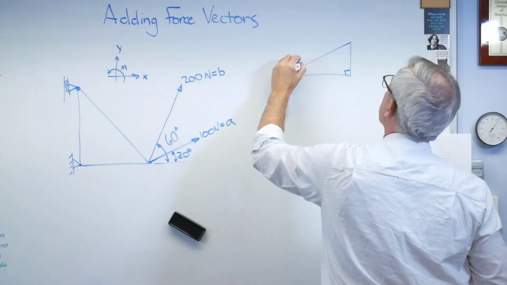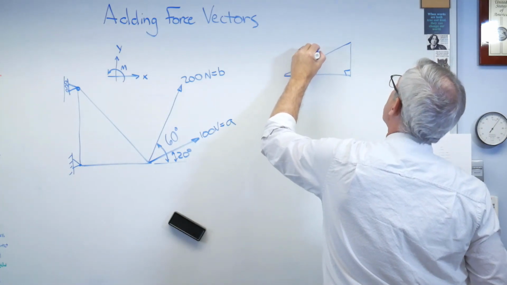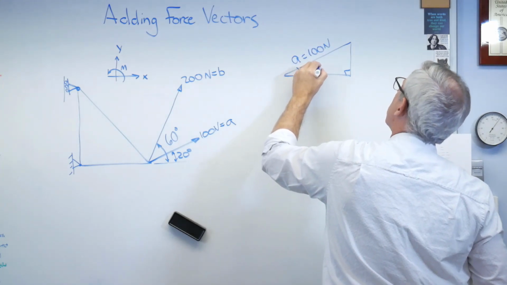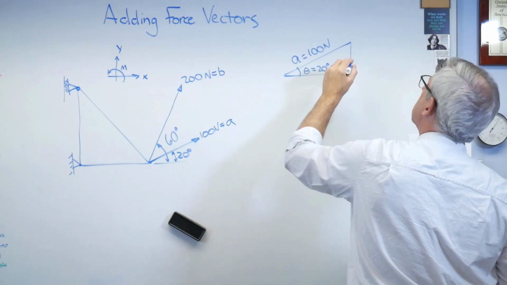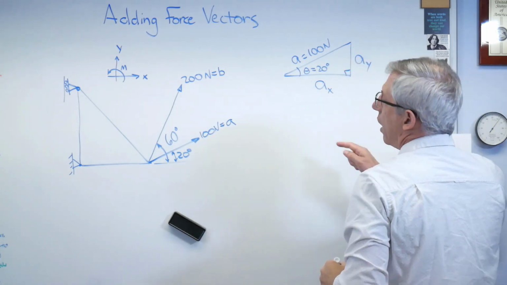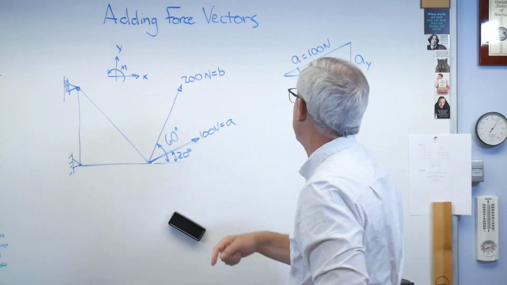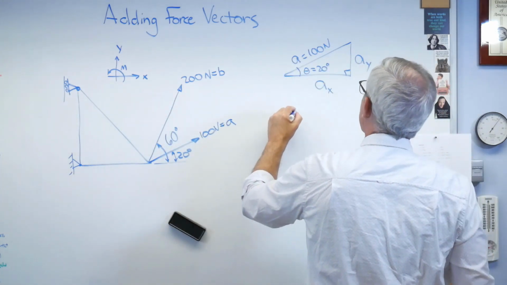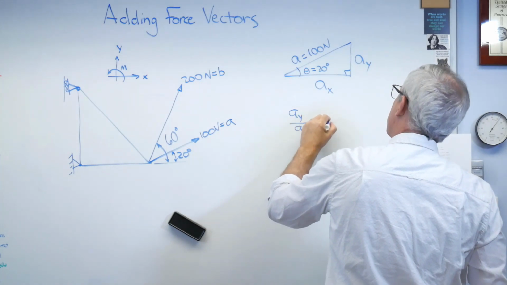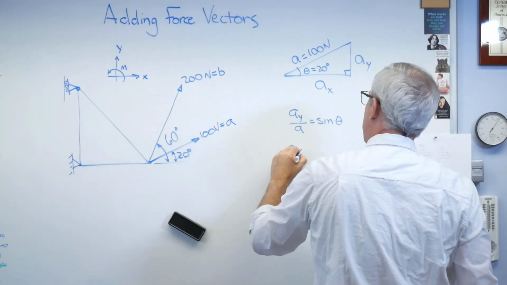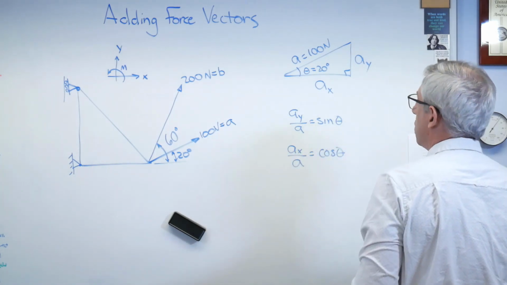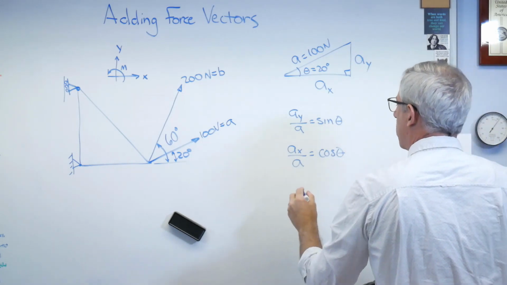There's 90 degrees. There's A, and that's 100 newtons. And this I'll call theta. That's 20 degrees. This is going to be AX, and this is going to be AY because of our sign convention over there. Well, it looks to me like AY over A equals sine theta, and AX over A must be cosine theta. All right, let's just carry that out here.